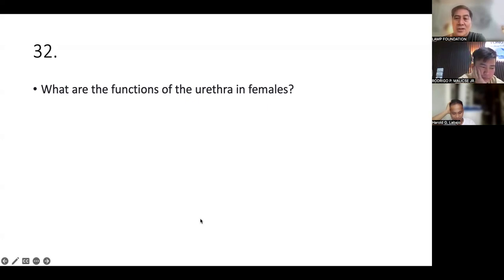What about the functions of the urethra in the female? It transports urine from the bladder to the outside. Congratulations. So the difference is that in the male it transports urine and semen, while in the female it transports urine from the bladder.